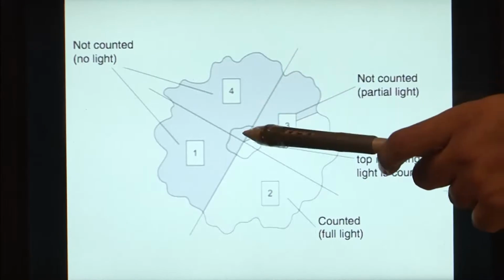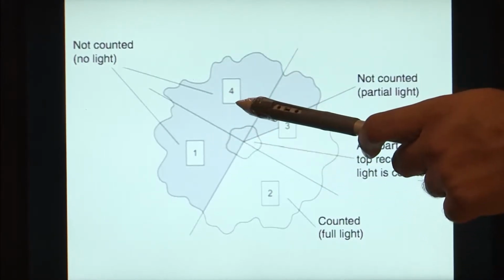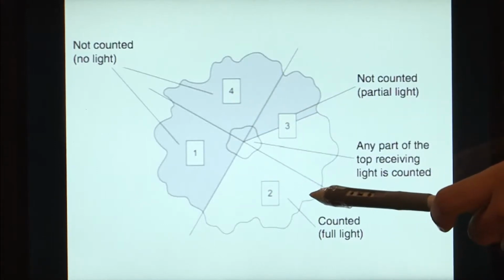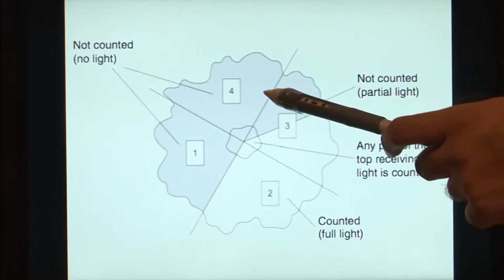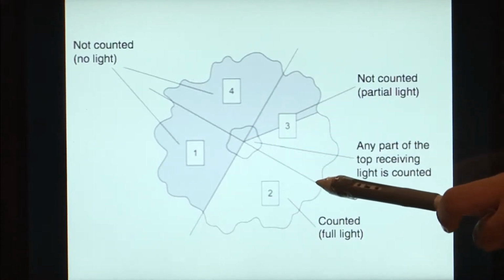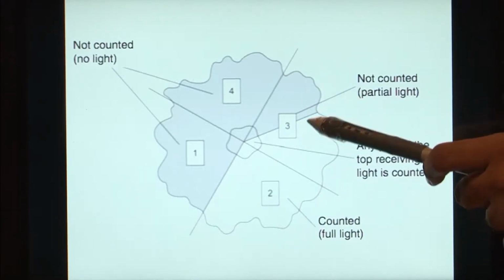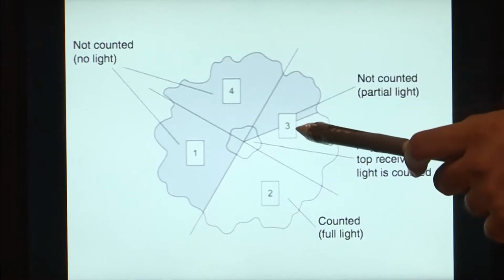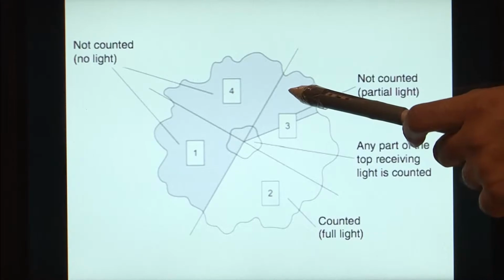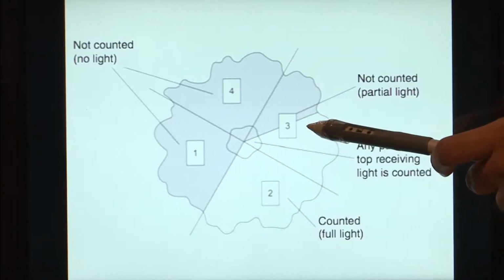Now any portion that does not receive light is not counted. So 1 and 4 here are not counted. 2 is counted because it is receiving full light. In the case of 3, consider this portion from here to here. In this portion it is not receiving light completely. When the sun is overhead, the portion shown in the darker colors is receiving a shadow, and this portion of section 3 is receiving light.